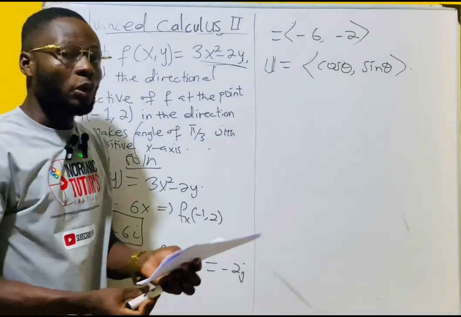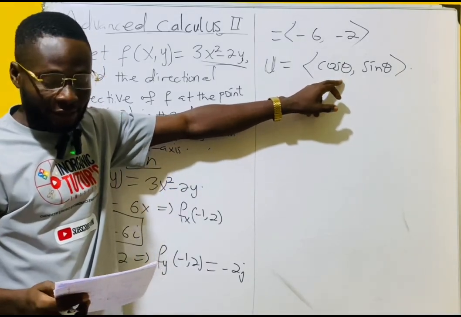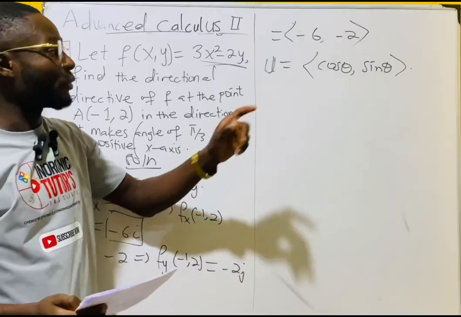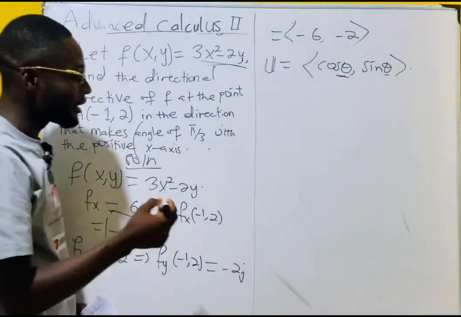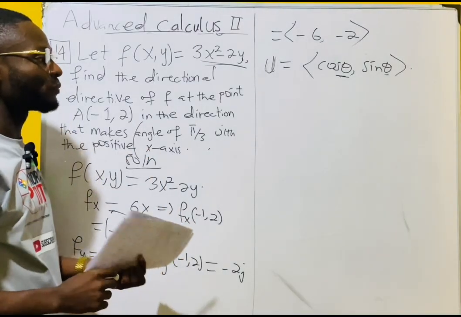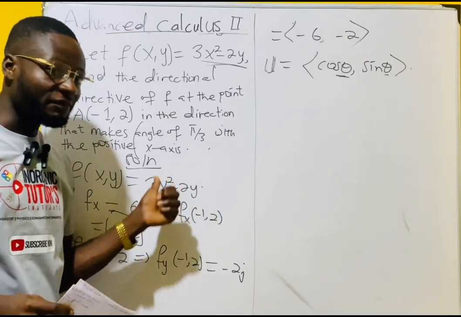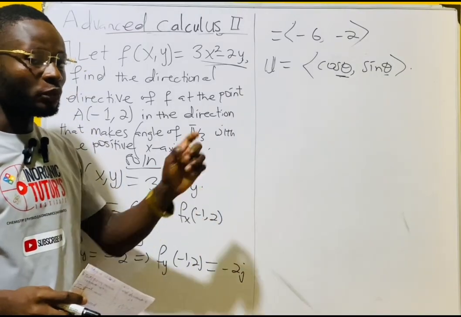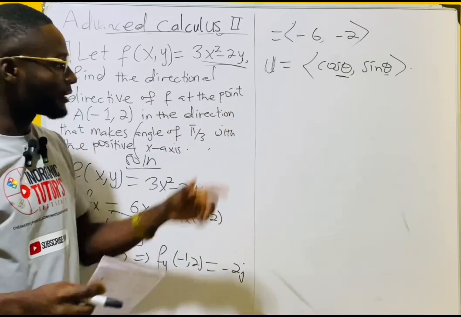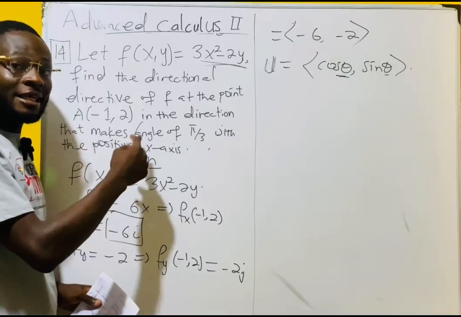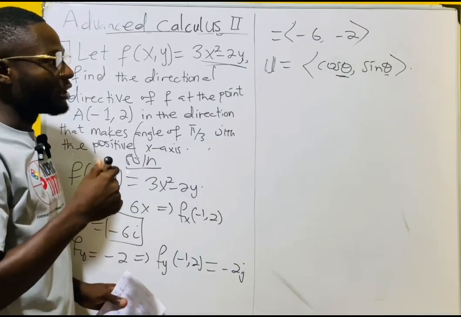So you know that this theta here is the angle measured from what? The positive x-axis. So always the angle here, theta, is measured from the positive x-axis. So if you are given the problem where it is not measured from the positive x-axis, then you have to convert to that particular standard before you can use it, right? But in this instance, we have been given correctly from the positive x-axis, so we don't need to do any conversion.